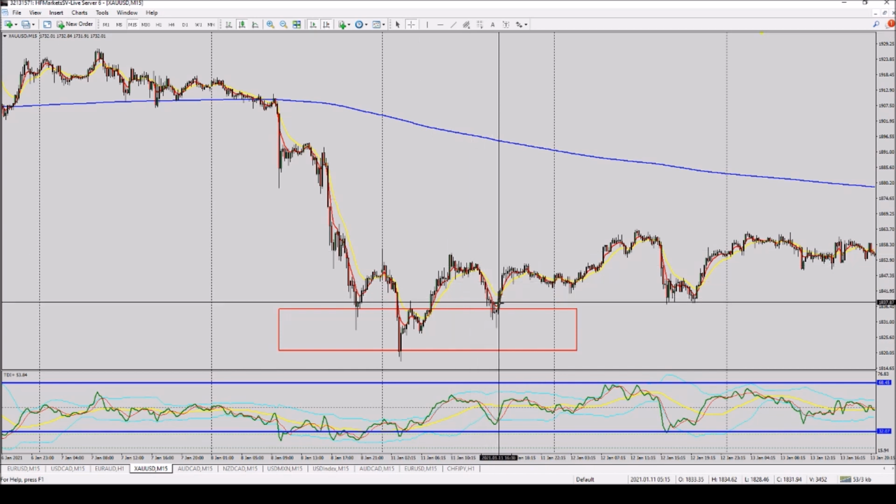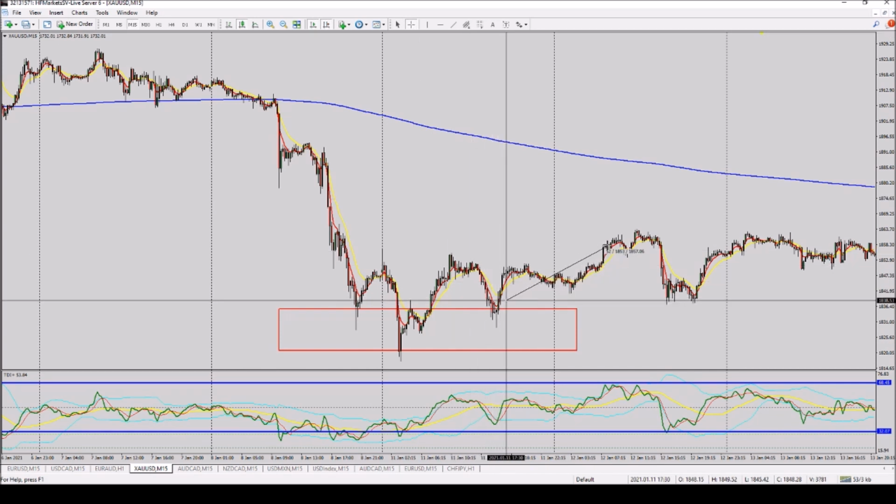Try to measure the pips that we are going to earn in profit before it came back to entry. So therefore, we had 250 pips at this point, and the price decided to come back to our entry price. Therefore, we were taken out.